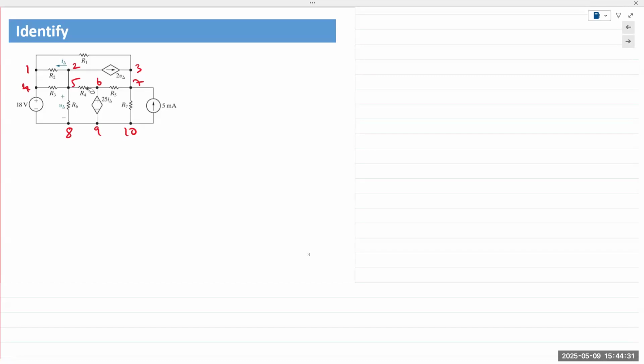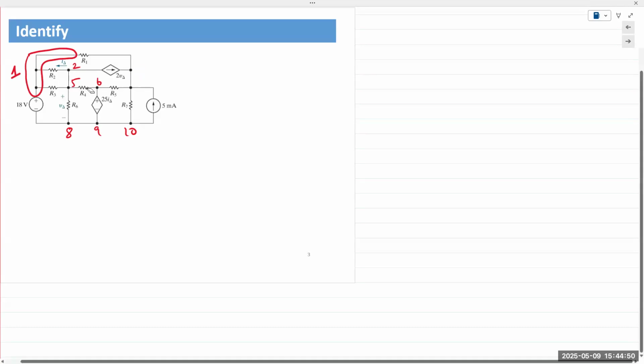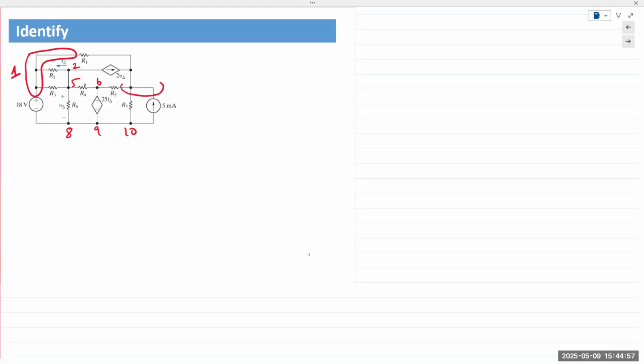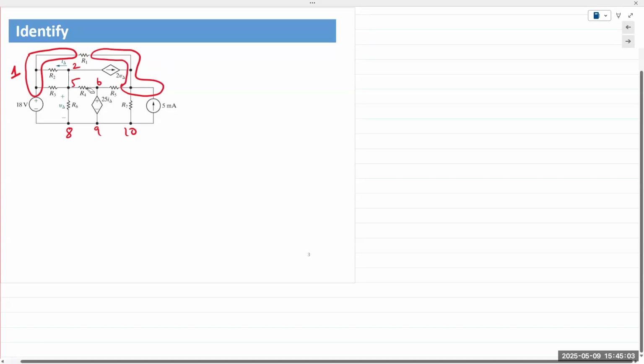So on the far left, we have all of these connected by the same wire, so they are the exact same node. And then 2 is a valid node. 3 and 7 are the same node, all connected by the same wire. So let's call this 3.